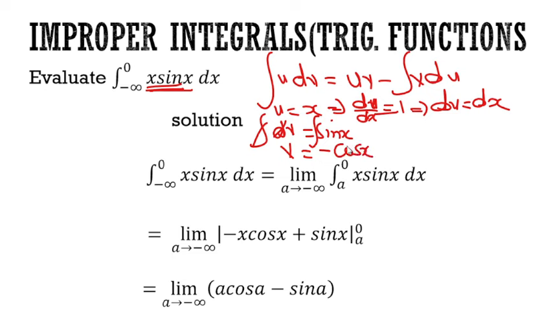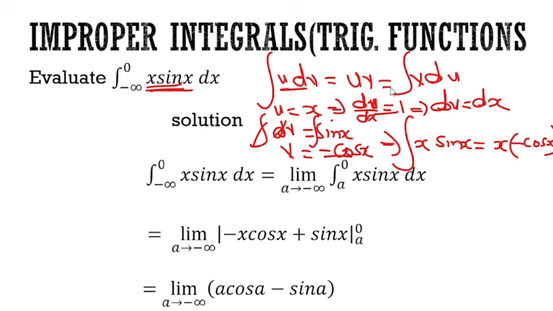Great. Now let's substitute the result that we have here into the formula. So now our u is x, and then our dv is sine x. So we have u as x, and then our v, which after integrating we got negative cos x.